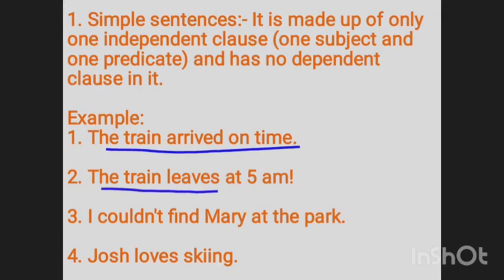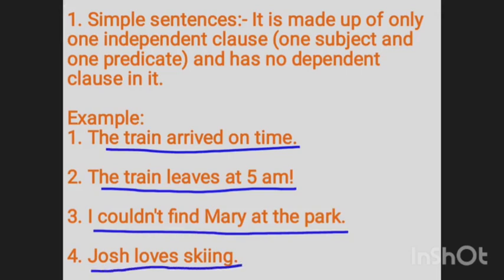The train leaves at 5 a.m. I couldn't find Mary at the park. Josh loves skiing. These are simple sentences with only one independent clause. From all of them, you can see there is no dependent clause in them at all.